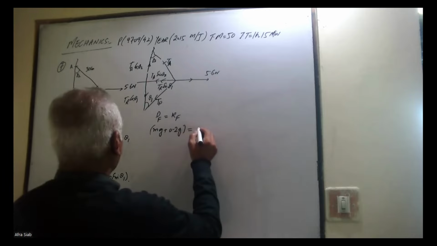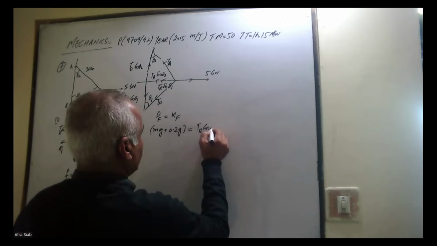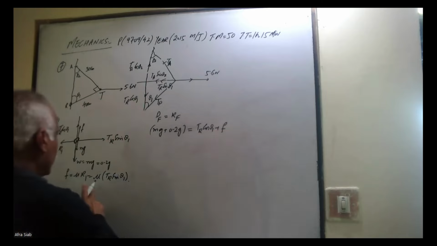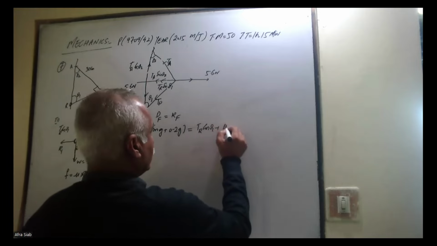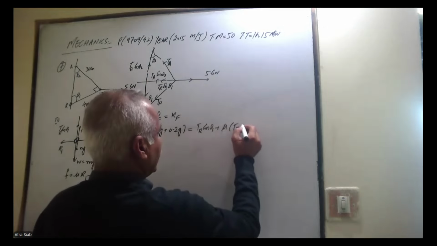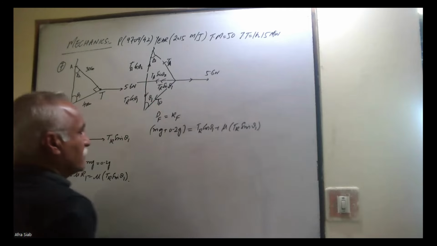So TR cos theta 1 plus F. But F is basically equal to what? Mu R. So it is equal to mu into TR sine theta 1.